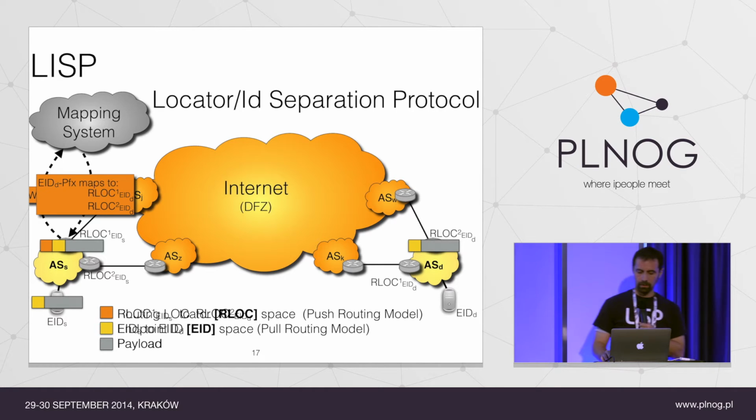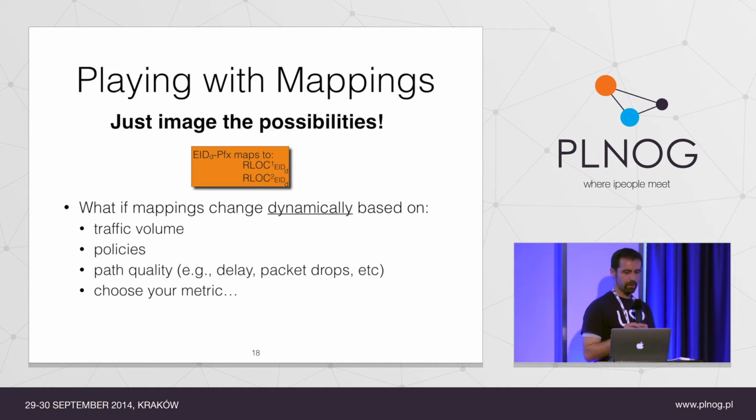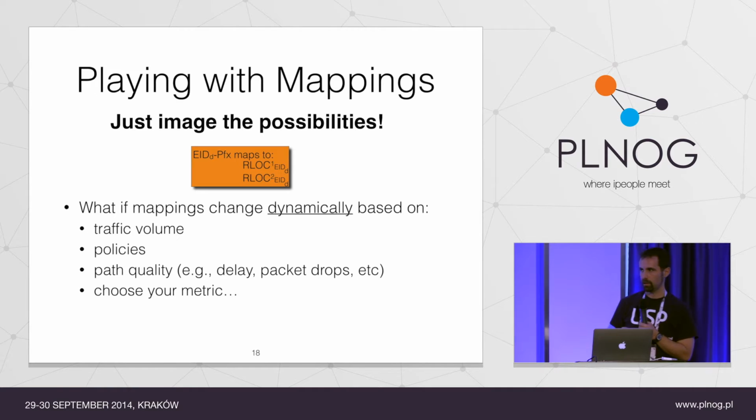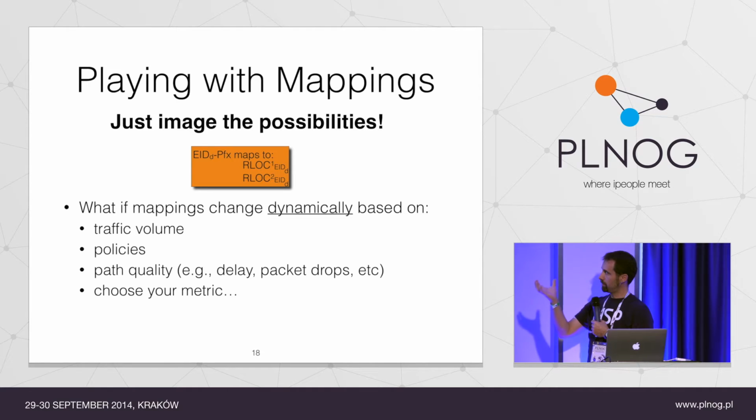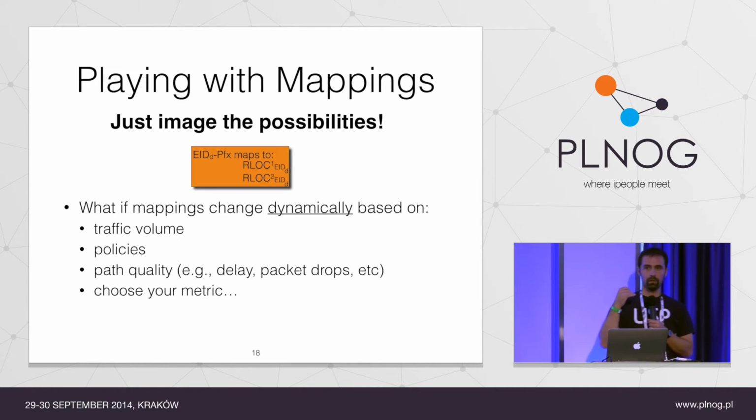Now, the very important part is how to play with this association, how to play with the mappings. Because this association between IP prefixes and routing locators can be done dynamically based on whatever metric you want to choose.